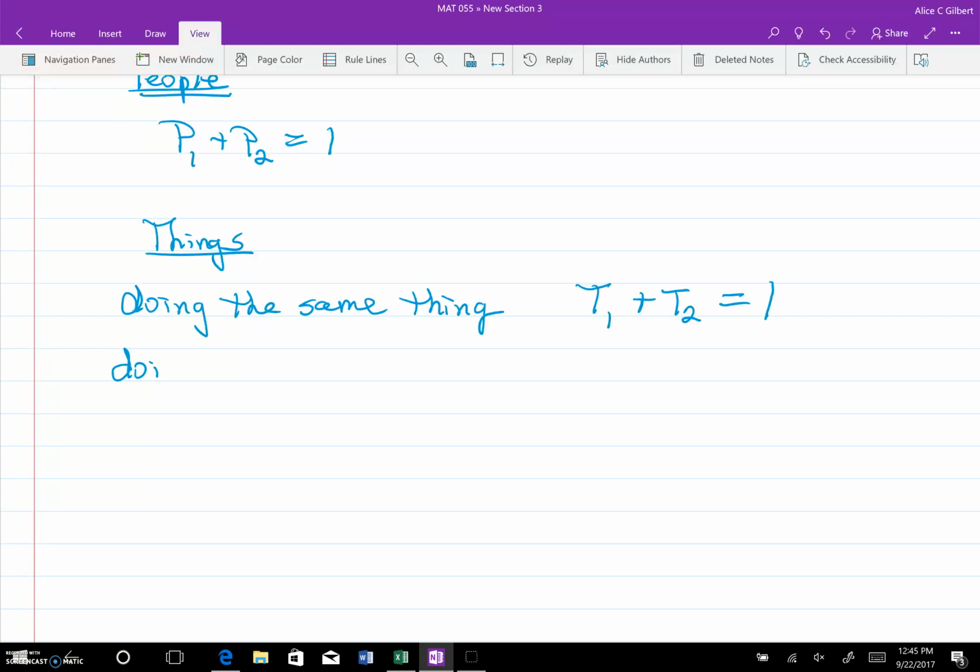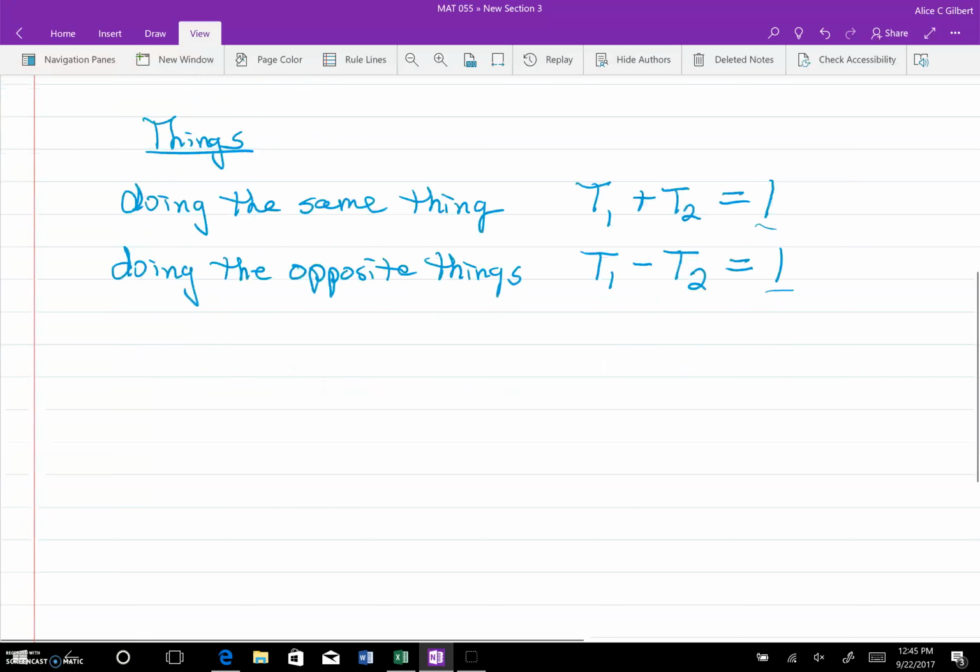If those things are doing opposite things, so one thing is putting water in and the other thing is taking water out, opposite things, then it's always thing 1 minus thing 2 equals 1 job accomplished. You know, always 1 job accomplished, okay?